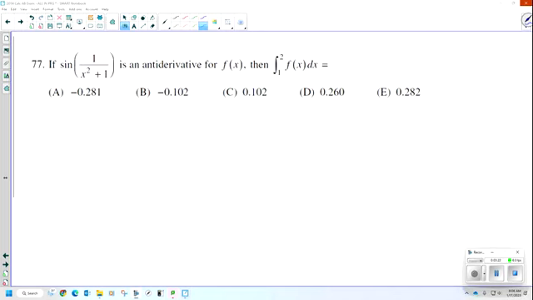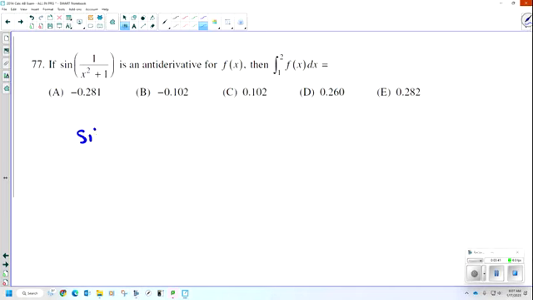Number 77. If the sine of 1 over x squared plus 1 is the antiderivative of f of x, then the integration from 2 to 1 of f of x dx is. Let's set up what they gave us, and it will make this problem so much simpler.